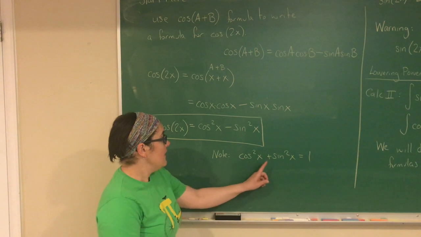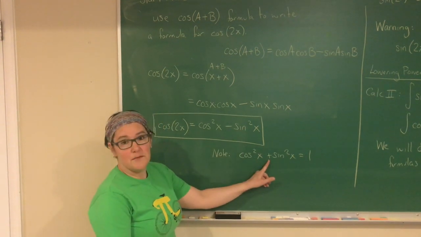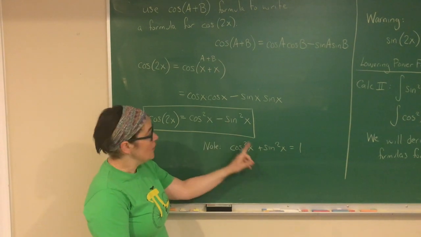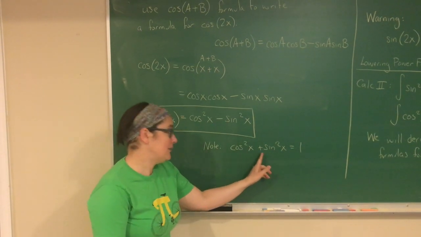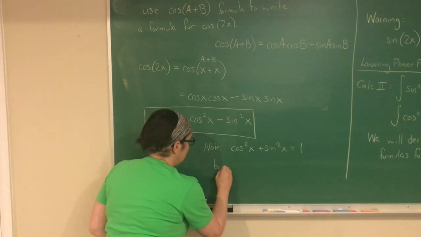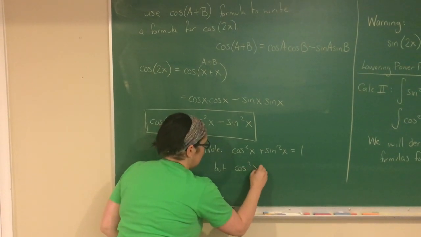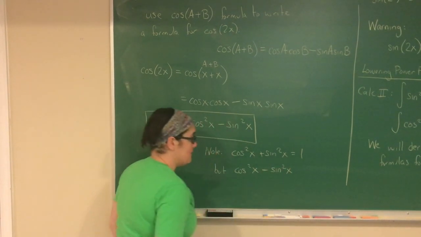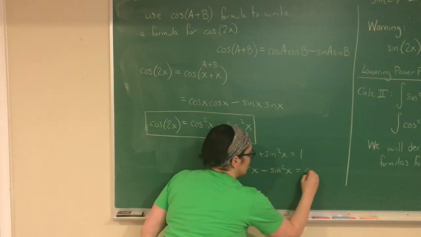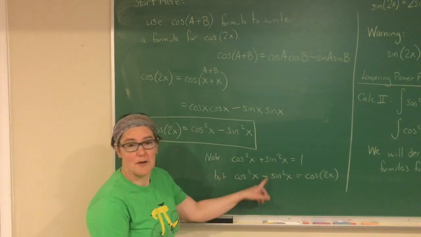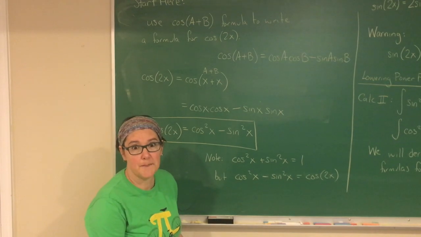The difference is that instead of a plus sign in the middle, we have a minus sign. With the plus sign, cosine squared plus sine squared equals 1, but if you switch out that plus sign and put a minus sign in here, cosine squared x minus sine squared x equals cosine of 2x. Big difference by just changing a plus to a minus.